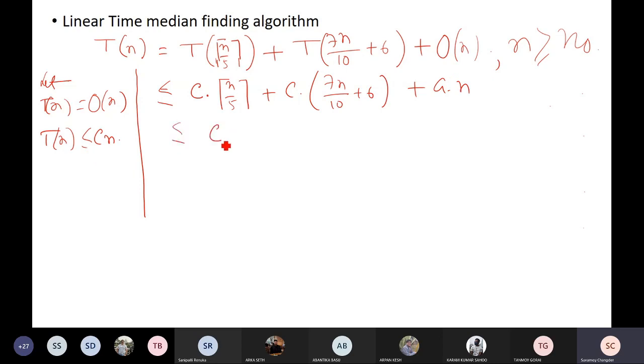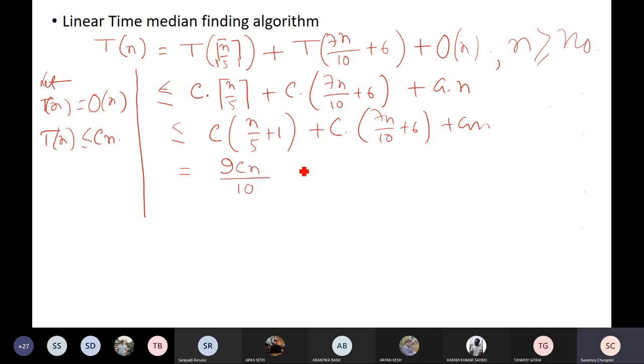So we can write C into n by 5 plus 1 plus C into 7n by 10 plus 6 plus An, and that equals 9Cn by 10 plus C plus 6C, that is 7C, plus A into n.